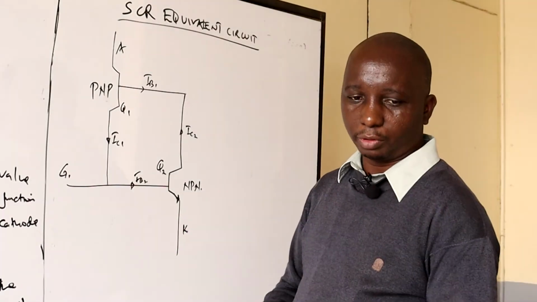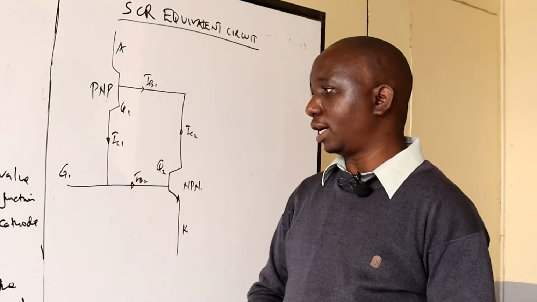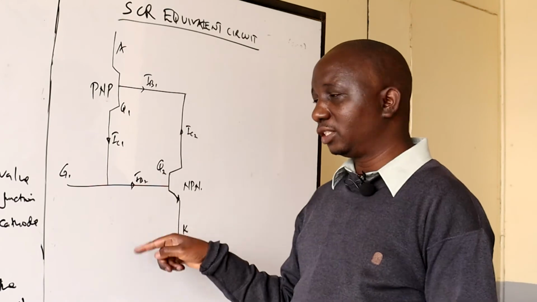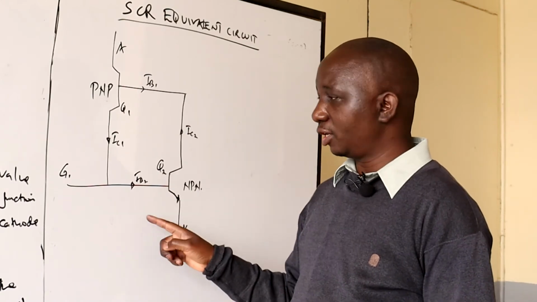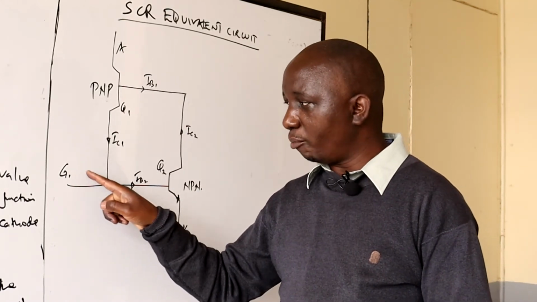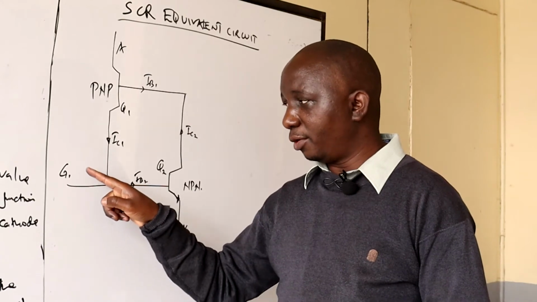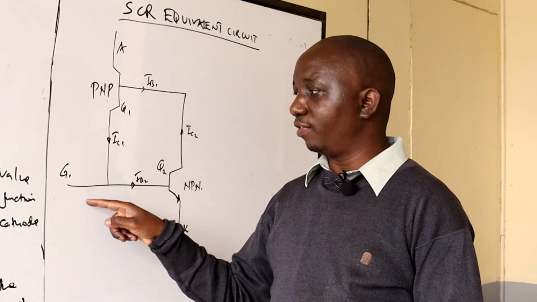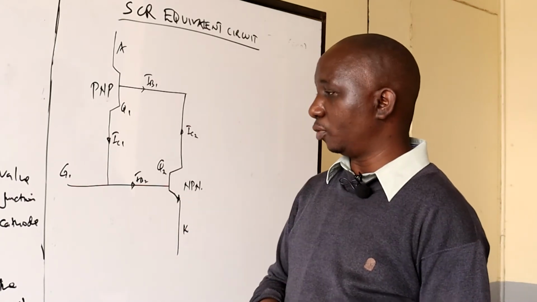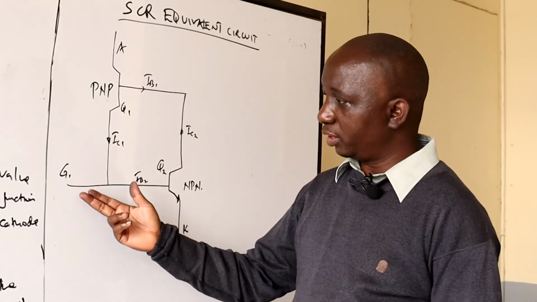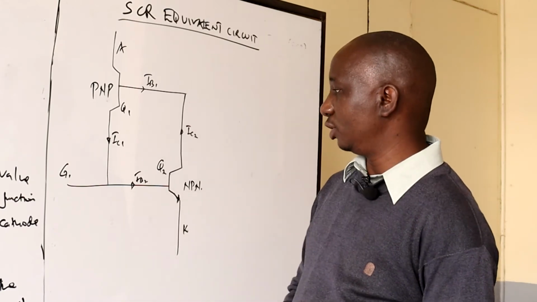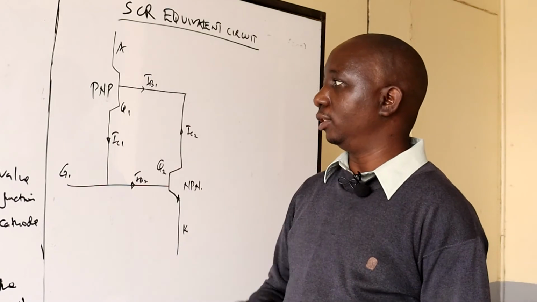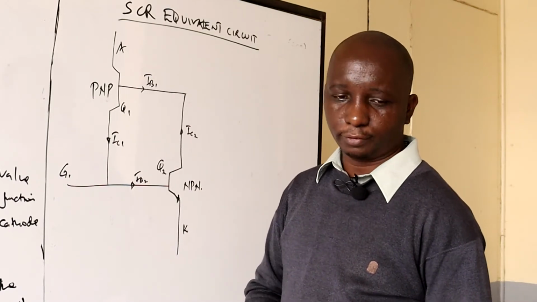To turn off the SCR, we need to place a gate value below the required value for transistor Q2 to conduct, so that the gate is reverse biased and takes IC2 to cut off, and transistor Q1 then turns off.